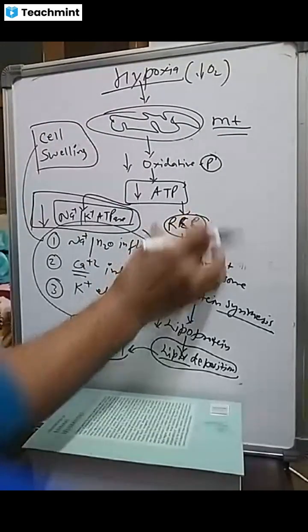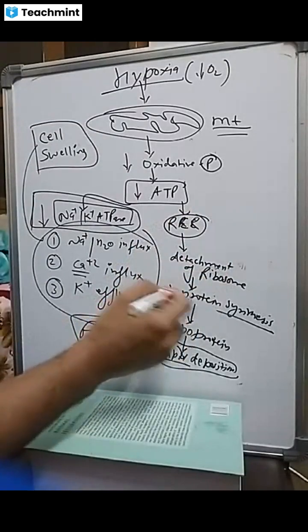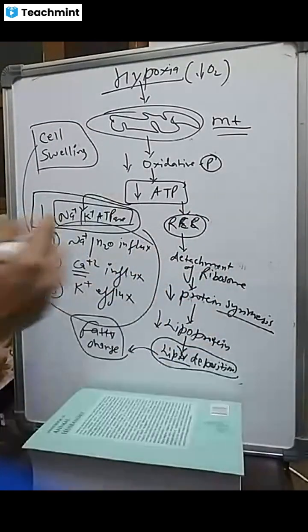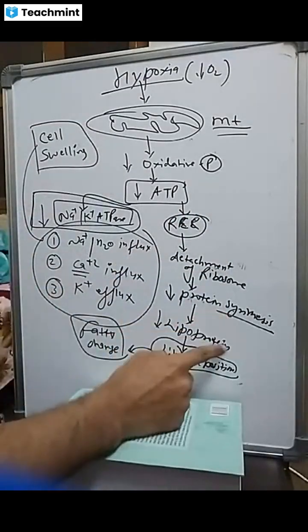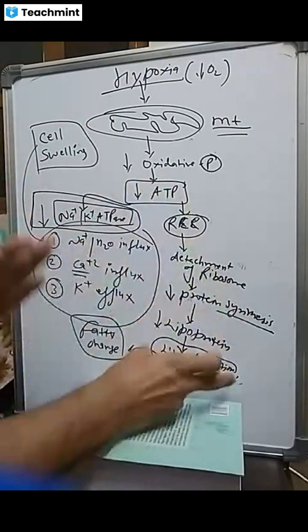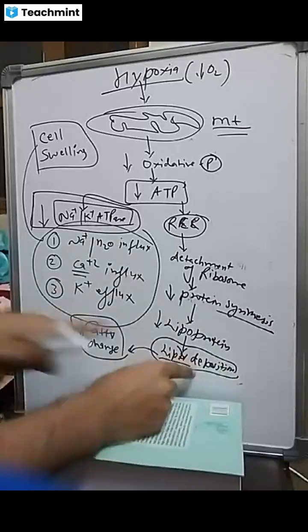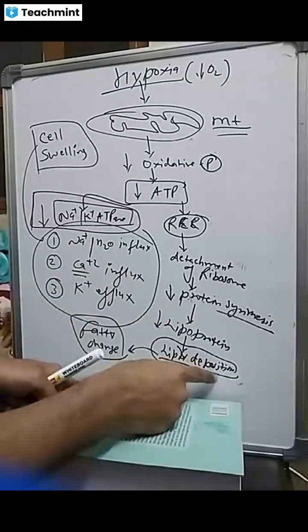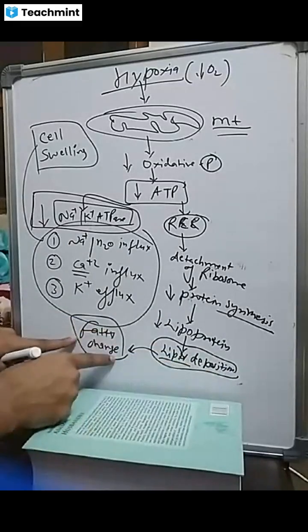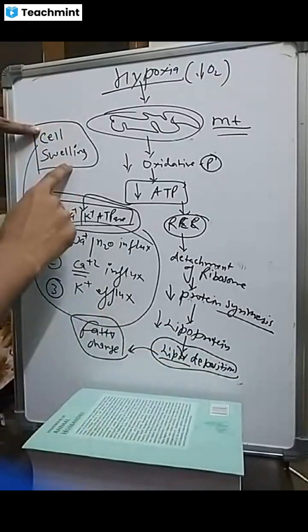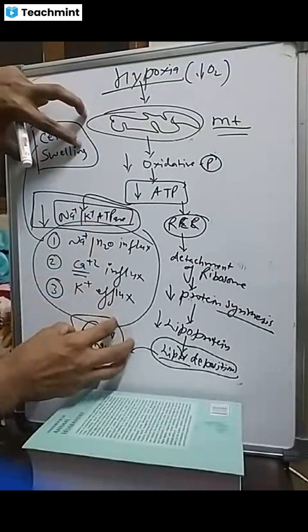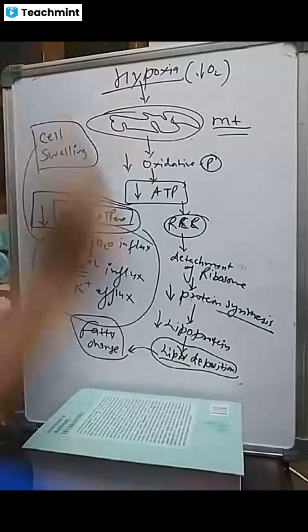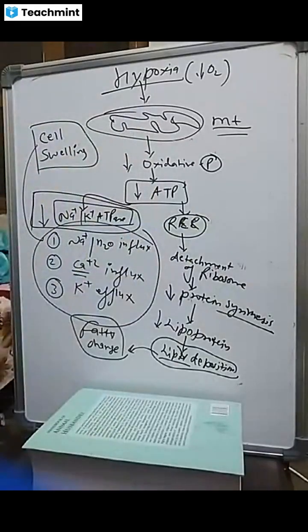The RER detachment of ribosomes led to less protein synthesis, so the protein which throws the lipid out is not synthesized. Lipid will remain inside the cell. So lipid deposition will be there, which is called fatty change. So these two, cell swelling and fatty change, are the two patterns of cell injury.